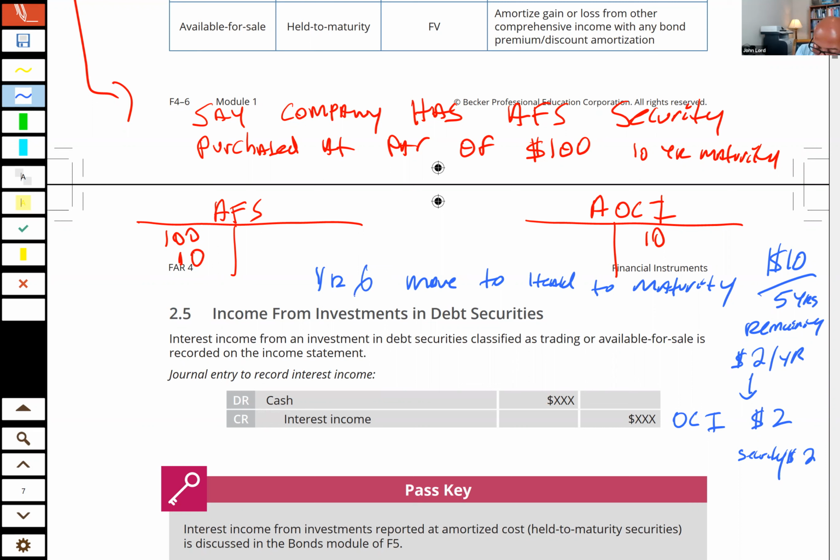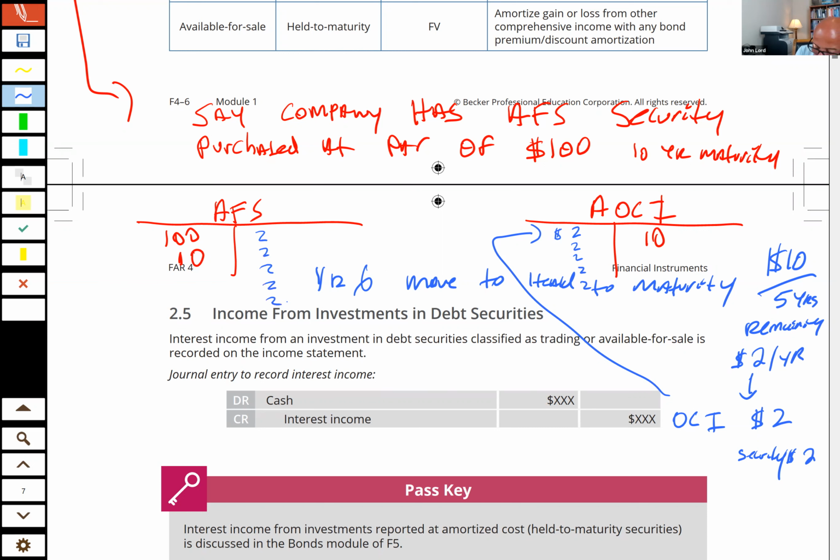And if you think about it, guys, what would happen? Each year they do that, of course, OCI gets closed to what? OCI would get closed to accumulated other comprehensive income. So they would do $2 each year for 5 years.